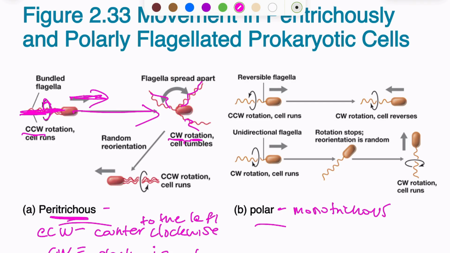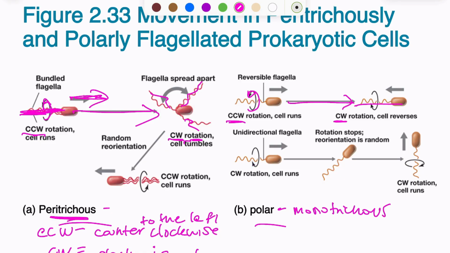Then this is the monotrichous. It just has one flagella. And when the monotrichous flagella rotates counterclockwise, CCW, to the left, then the cell will go forward. And this one doesn't have any tumble movement, but instead the opposite rotation is just going to make it go backwards, and then it can turn to one side and go basically backwards and forwards.